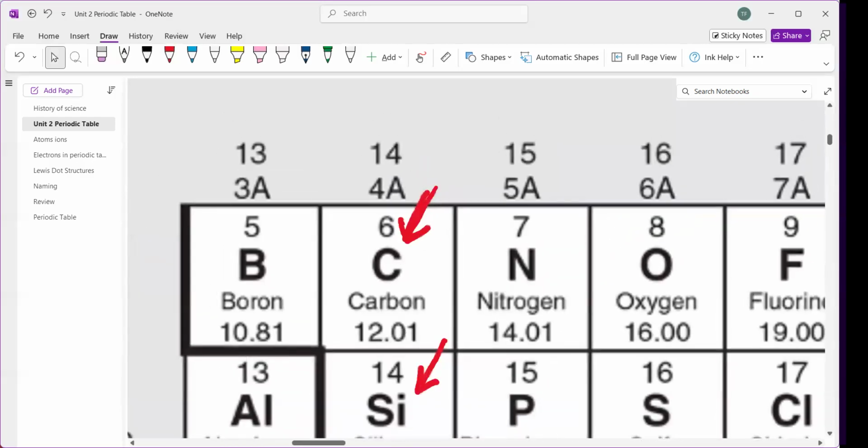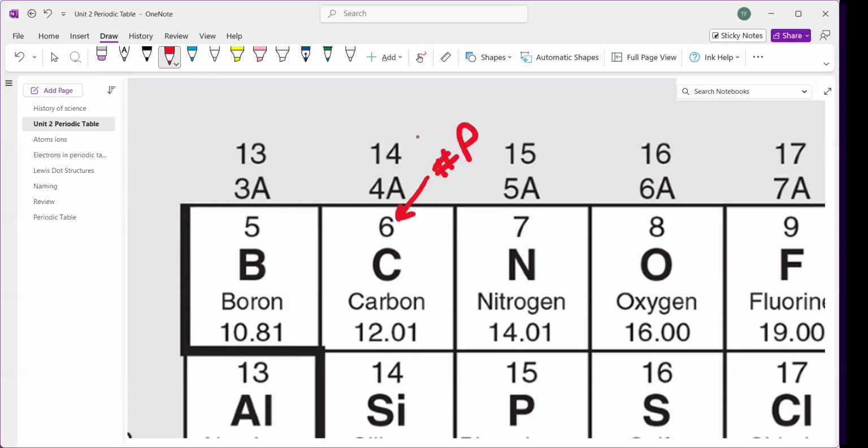Some periodic tables will have the full name of the element. Now, when you get to 1A, it's not going to have the full name. It's just going to have the symbol. And there are two numbers in every box. One is an integer, and that is the number of protons.